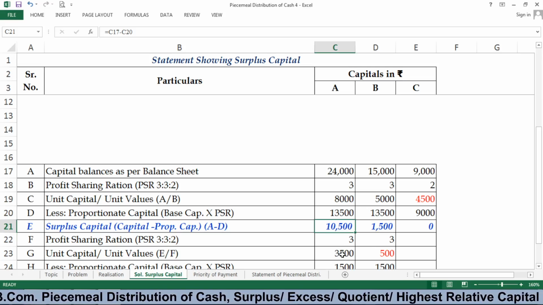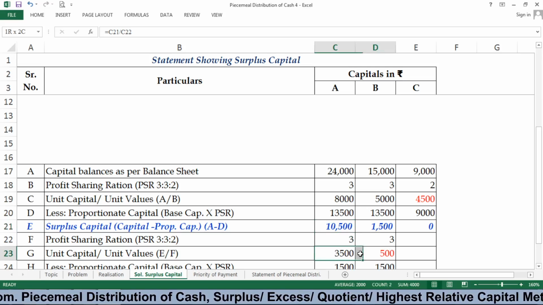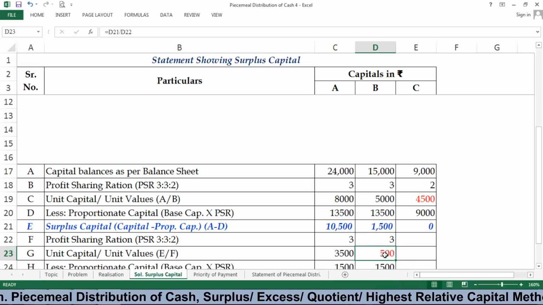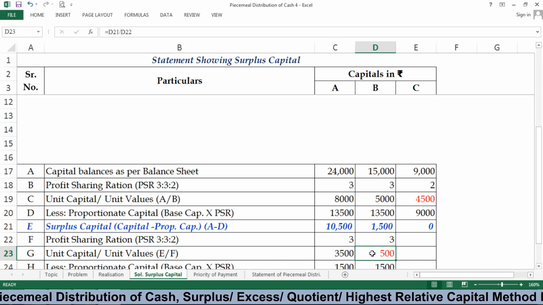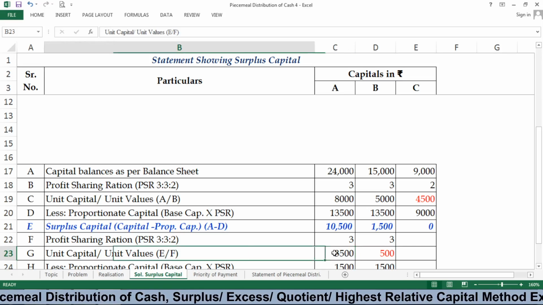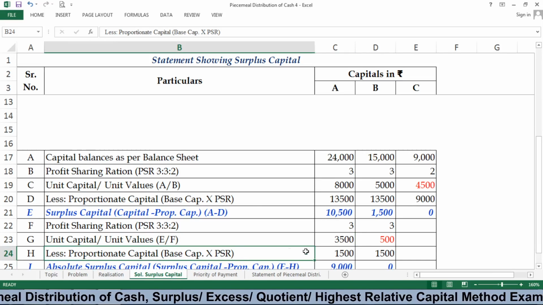It comes to 3,500, and 1,500 divided by 3 will be 500. So here in this step the minimum amount is 500, so 500 will be considered as a base capital. And for calculating proportionate capital, we have to consider the base capital. So next step is proportionate capital, that is base capital into profit sharing ratio.